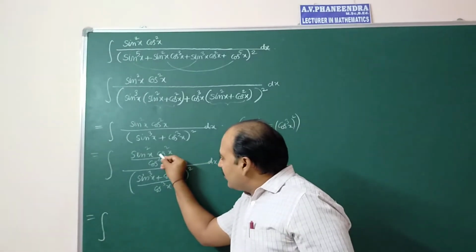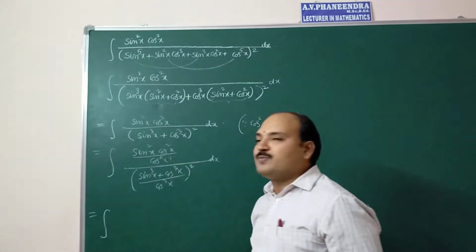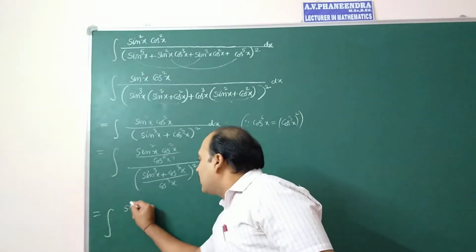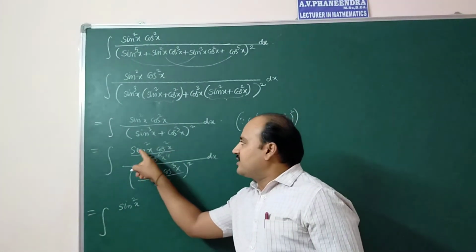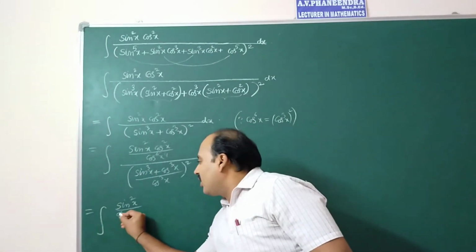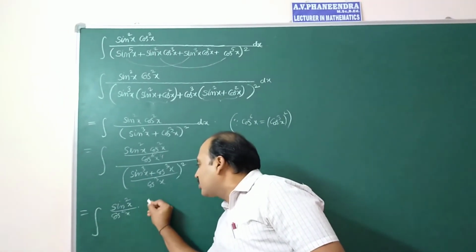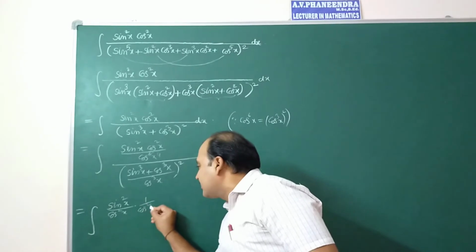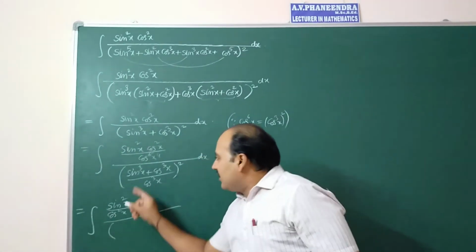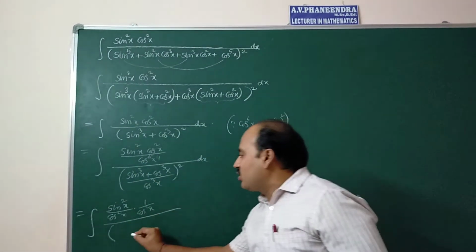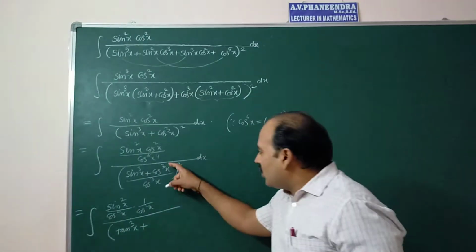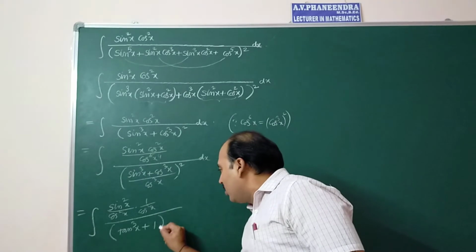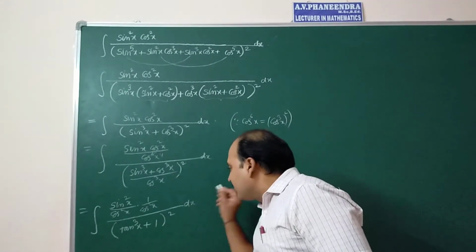Here, one of the cos squares will be cancelled, and it becomes cos power 4 x. So, the cos power 4 x in the denominator: in the numerator it is sin square x divided by cos square x into cos square x, that means 1 by cos square x. Divided by sin cube x by cos cube x, which is tan cube x, plus cos cube x by cos cube x, which is 1, whole square into dx.